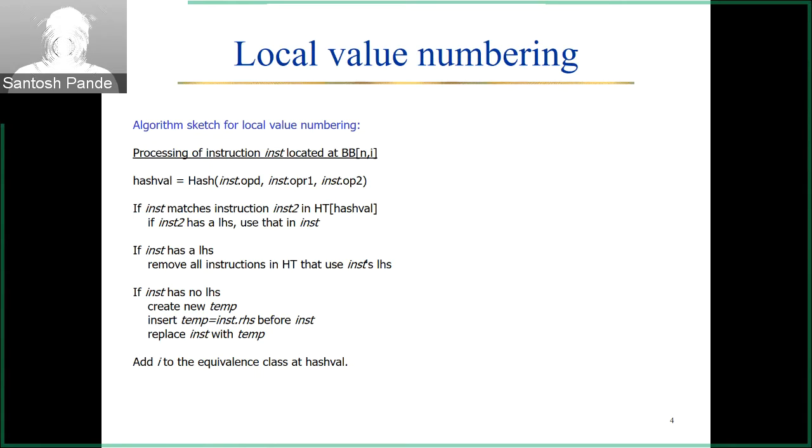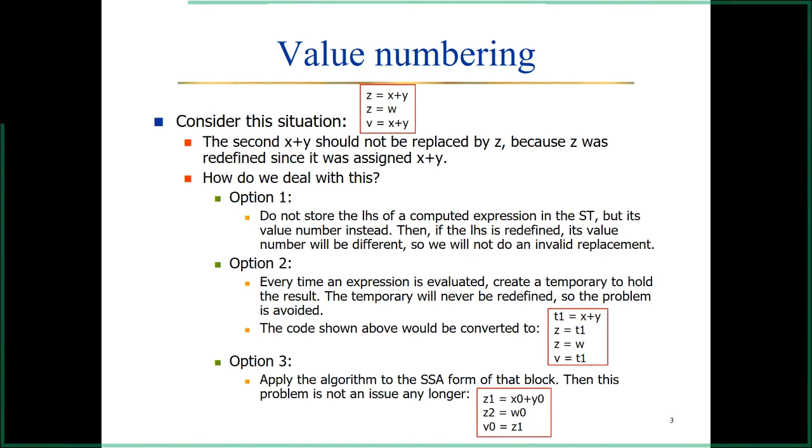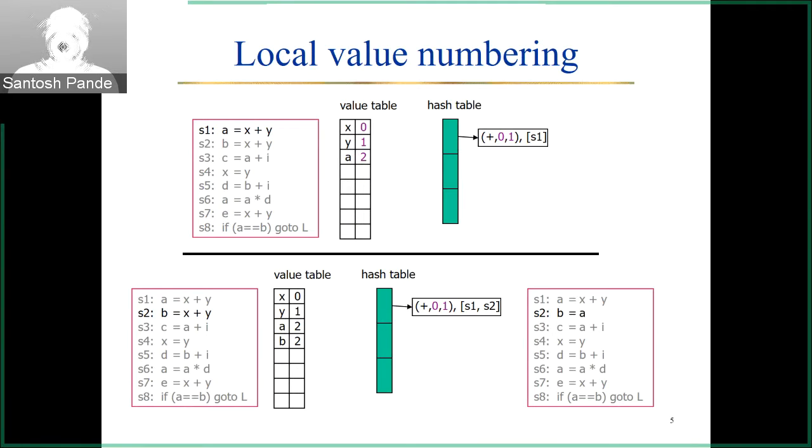And outside of a basic block, it does address these issues also, and even more of the issues that are there with value numbering. We'll look at those as we do the global value numbering. This is local value numbering, which is inside a basic block, and even there SSA helps, as we are seeing here. But outside of a basic block it is even more valuable, and we'll see what the value is.